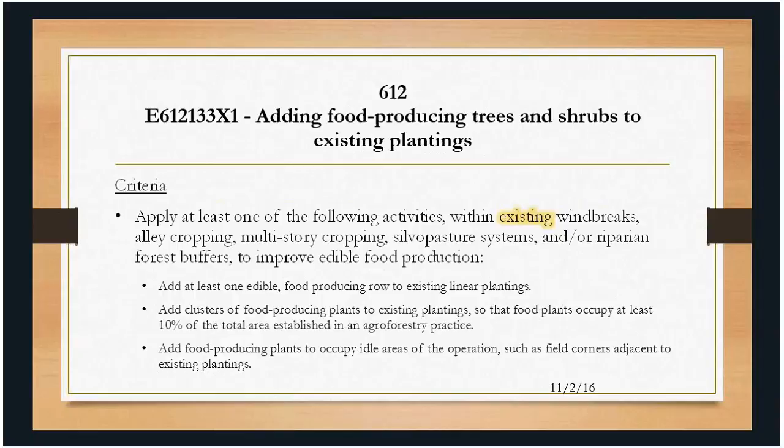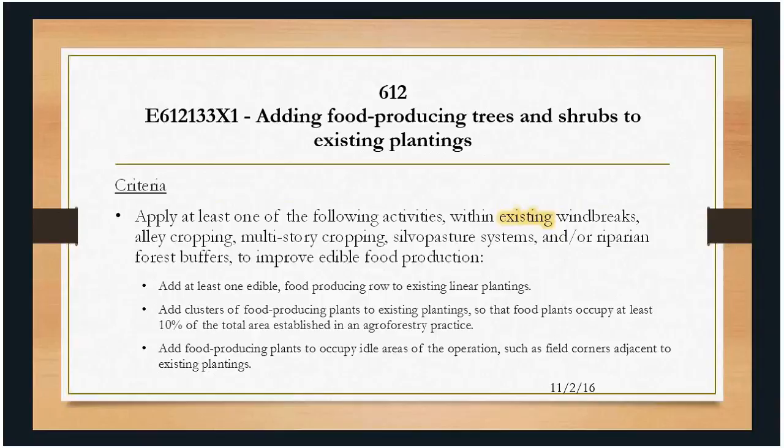And you need to add food producing plants to occupy idle areas of the operation, such as field corners adjacent to existing plantings. So there's a lot of ways to incorporate food producing trees in an existing planting.